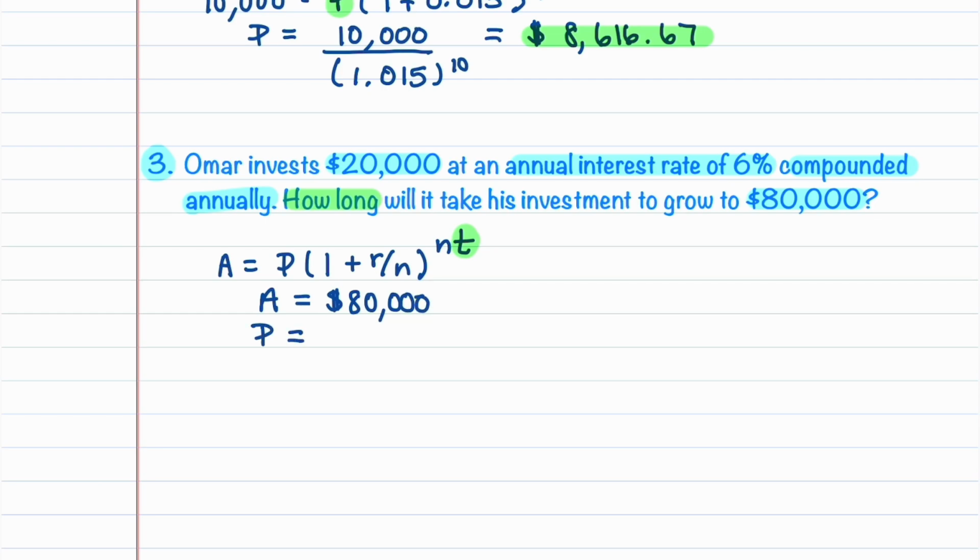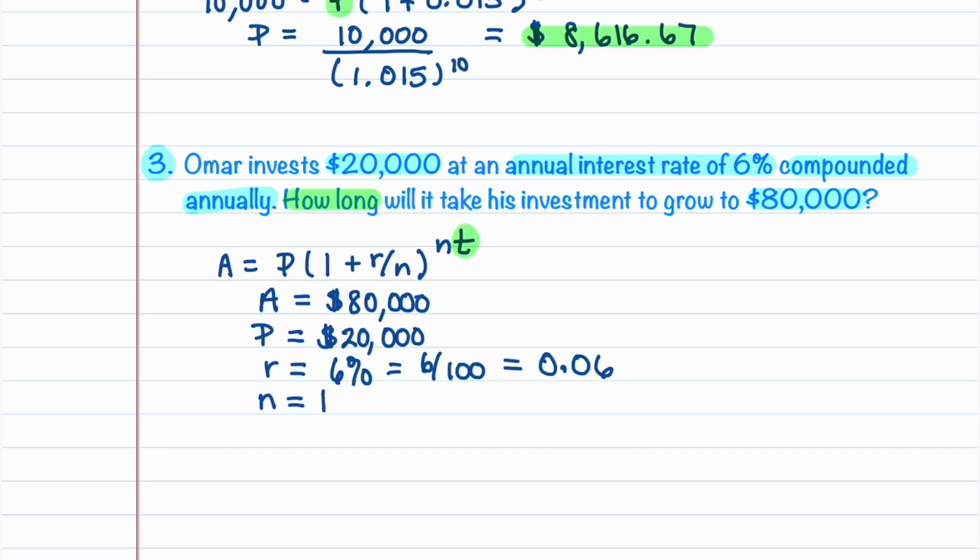P is the principal, which is the amount that is invested initially, and that is $20,000. r is the annual interest rate, and that is 6%, which is just 6 divided by 100, which is 0.06. n is the number of times the interest is compounded per year, and it's compounded annually, so it's only compounded once per year, so n is just equal to 1. And that's it. We have everything written down.